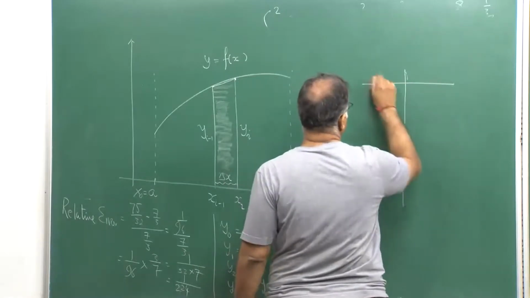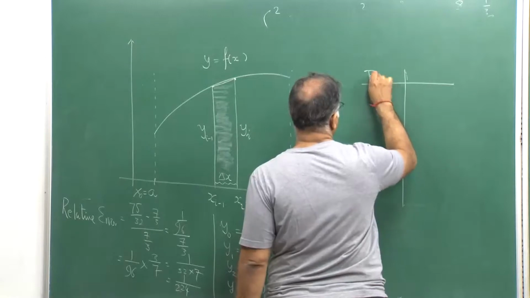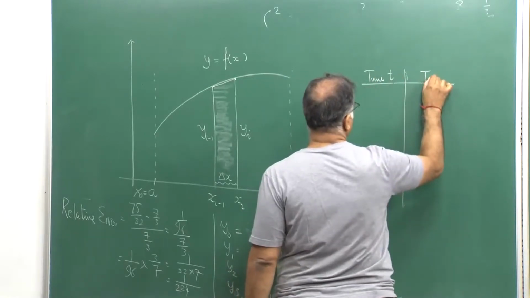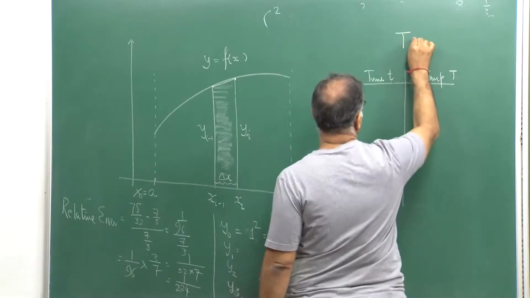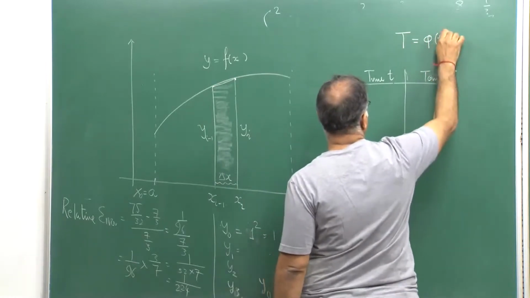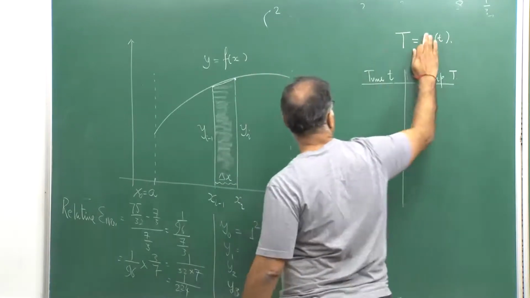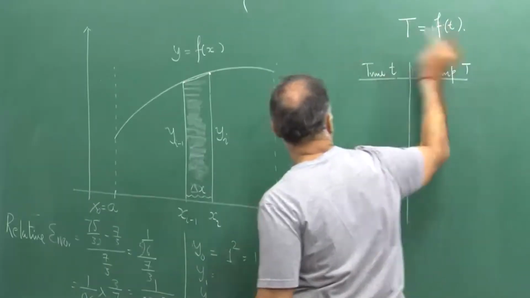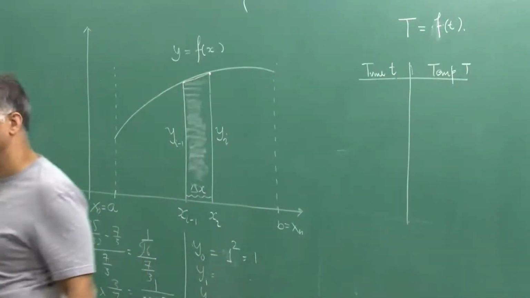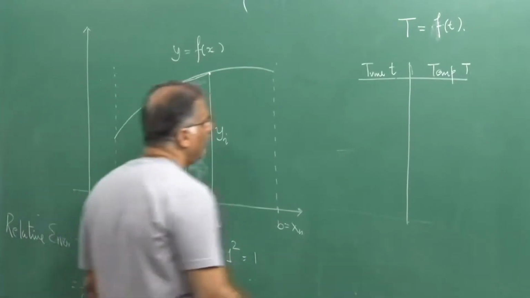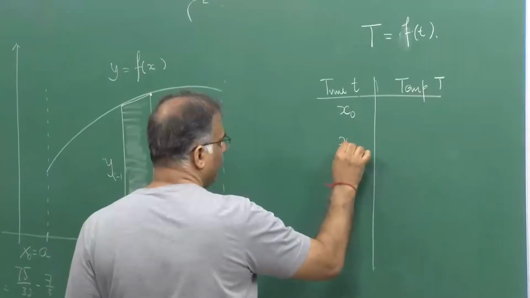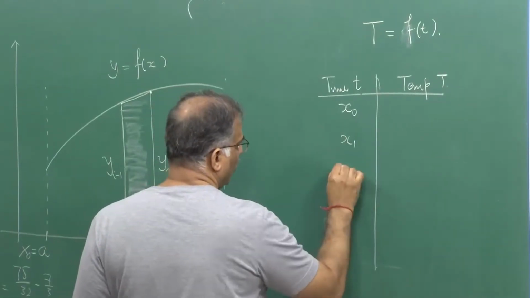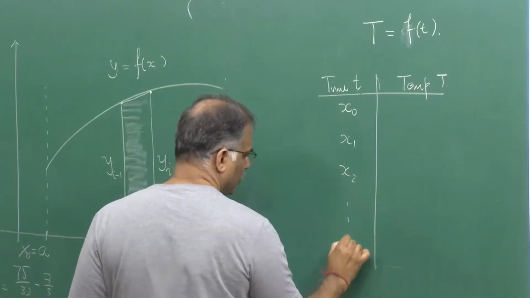So, here is your time t and this is your temperature with capital T, and the temperature is a function of the time t, and that is a continuous function. Let us write it as f, and this is a continuous function of the time. The values of t are given, at time t equal to x0, x1, x2, xn.